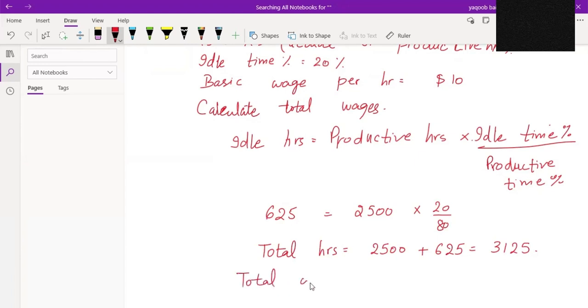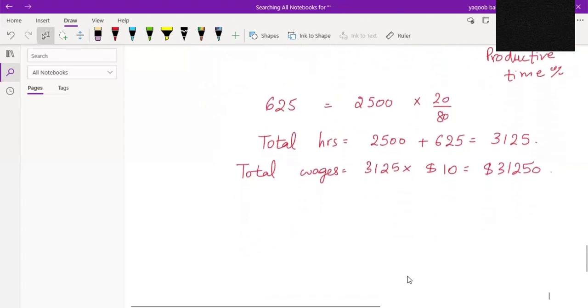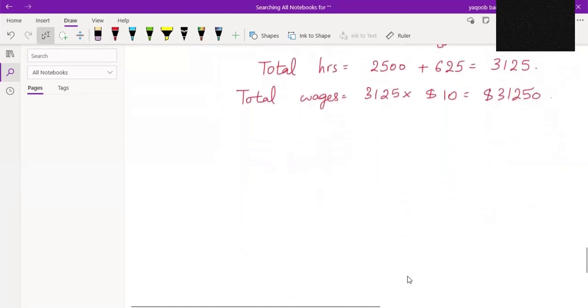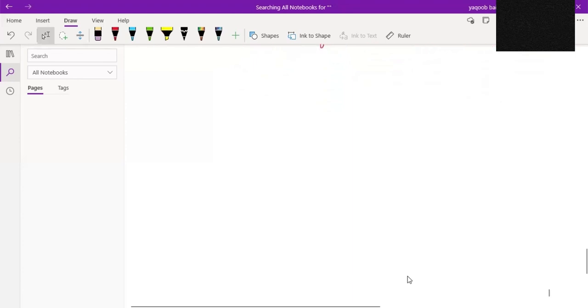Total wages is equal to 3125 into basic rate per hour 10, 31,250. So this is the way to calculate idle hours, then total hours, and then total wages. Any question, anyone?